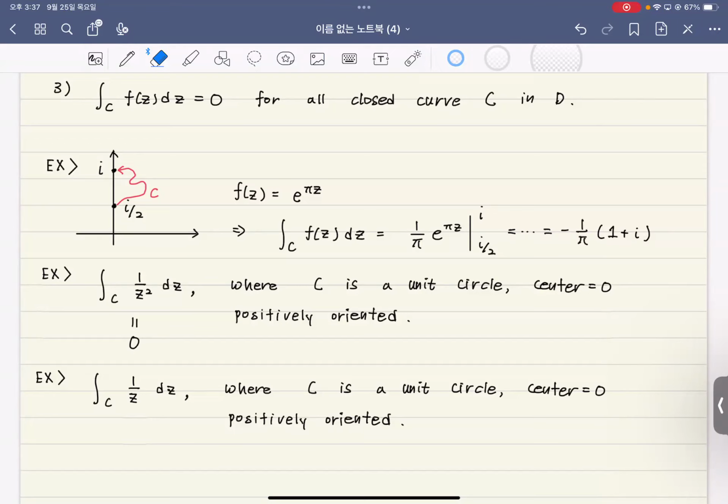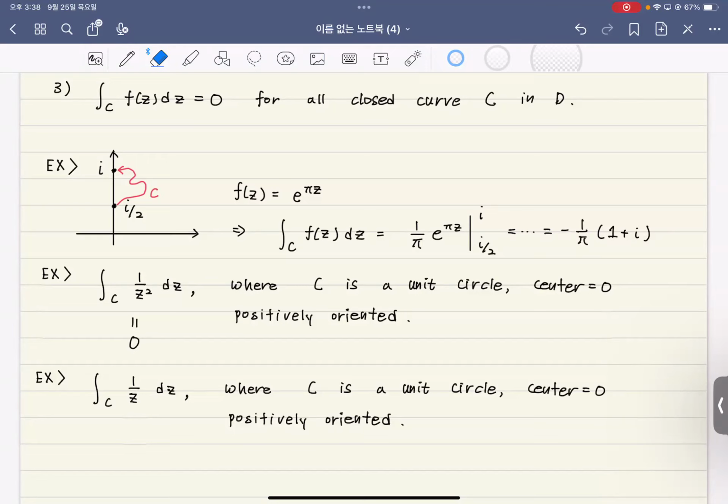For the natural log function, you cannot take any multi-valued function as an antiderivative. In order to choose some function as an antiderivative, you need to choose the branch, and in order to choose the branch, you need to make a branch cut. No matter which branch cut you choose, your branch cut must look something like this.